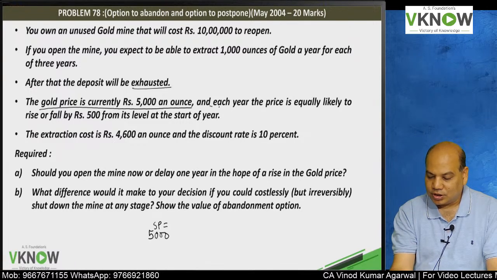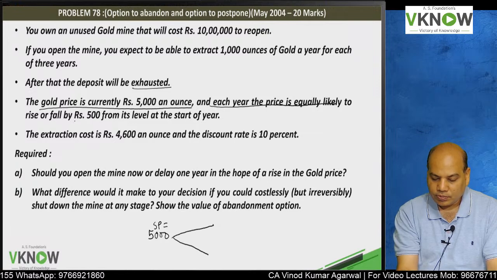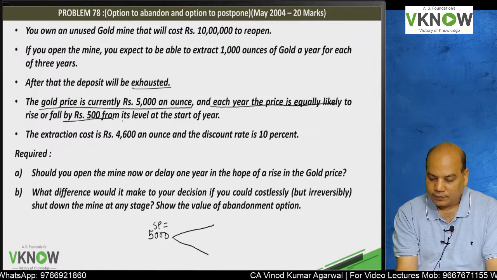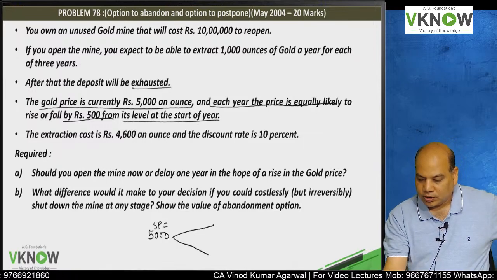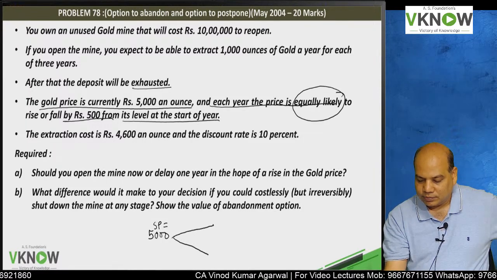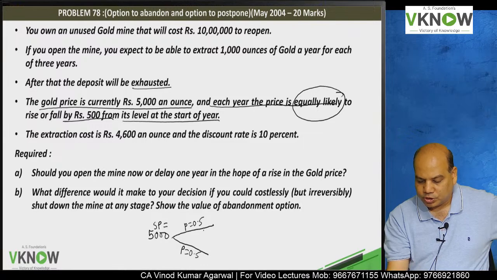And each year the price is equally likely to rise or fall by rupees 500 from its level at the start of the year. What is the meaning of equally likely? It means the probability is equal, 0.5, because there are two possibilities.